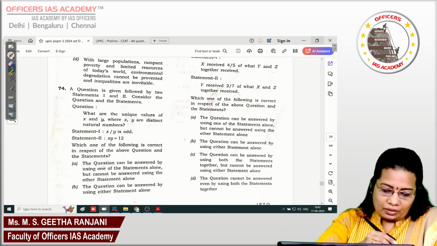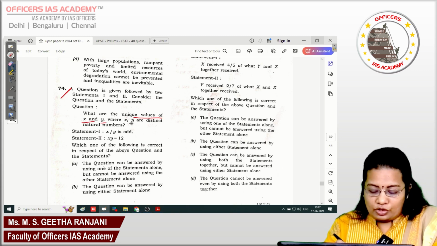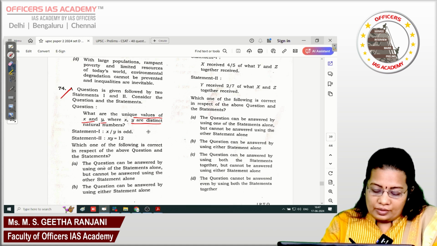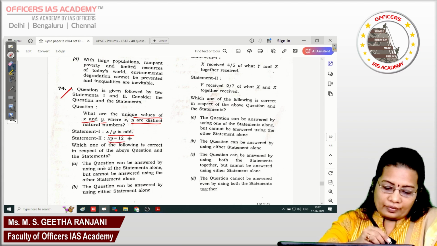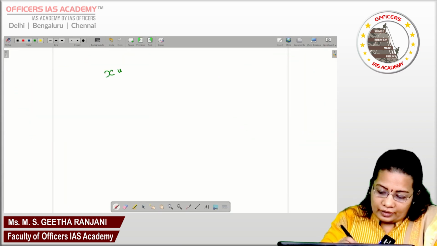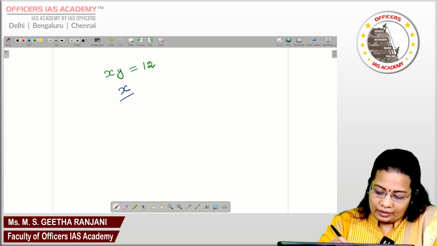So question number 74. What are the unique values of x and y where x and y are distinct natural numbers? Statement 1, x by y is odd and xy is equal to 12. So here x into y is 12 and given x by y is odd.